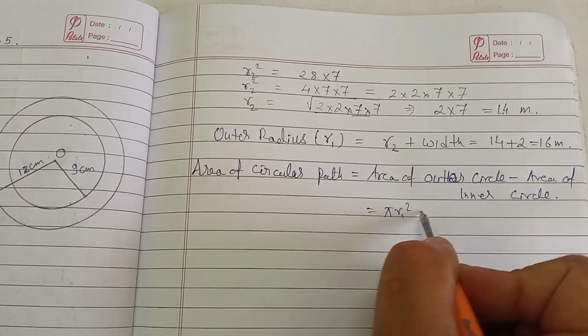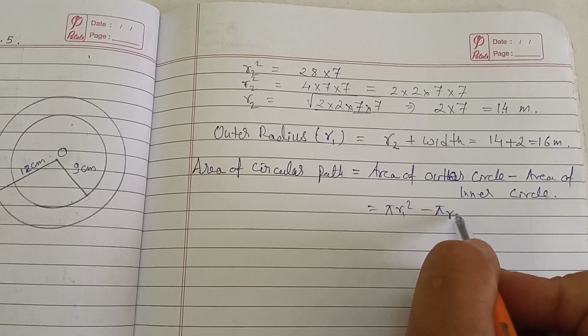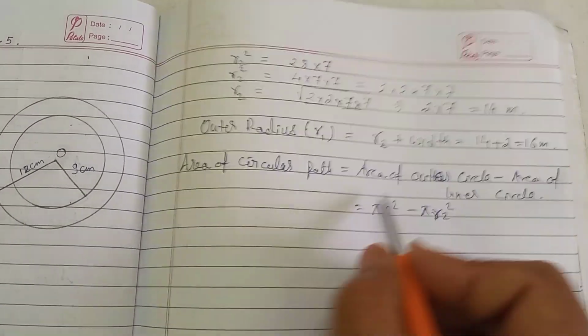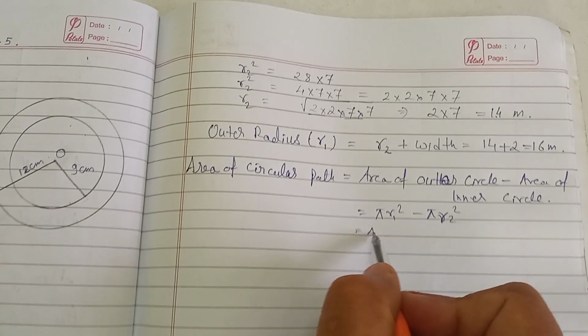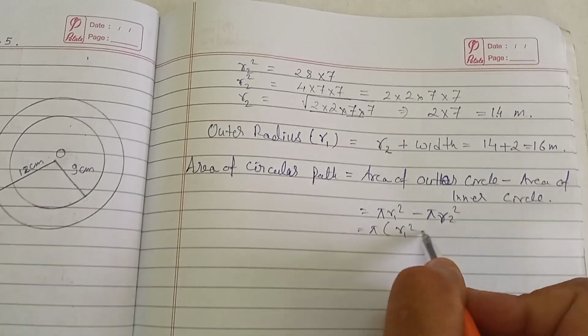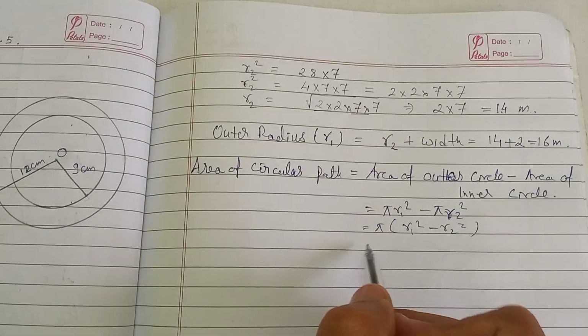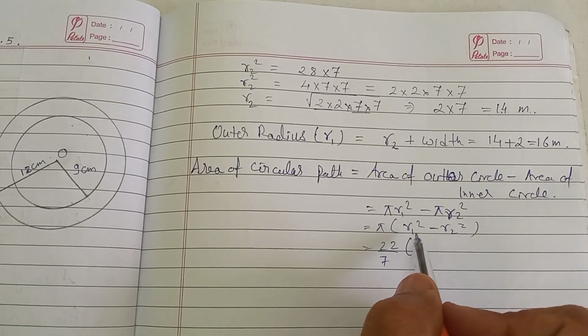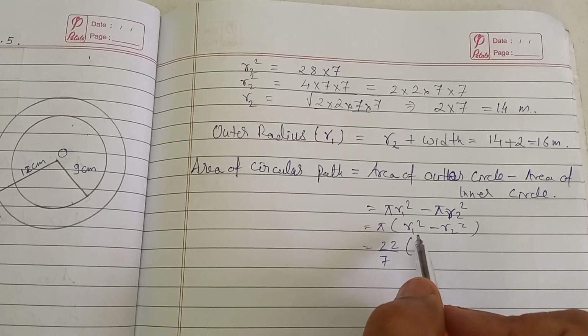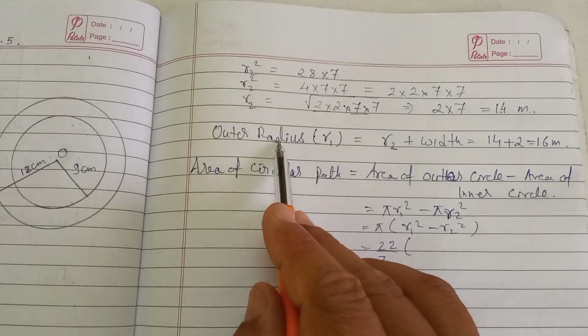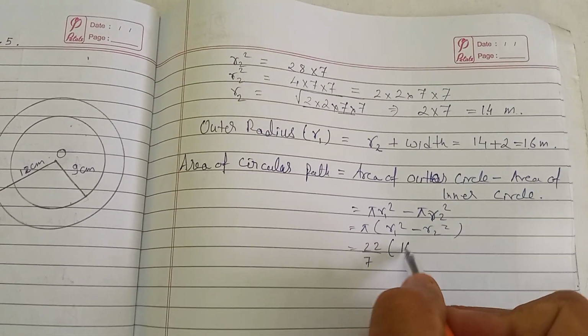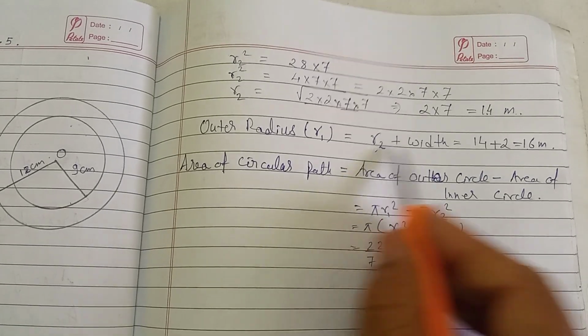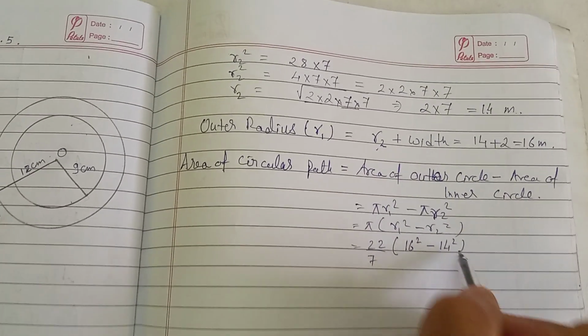Pi r1 square minus pi r2 square. Here pi is common, so r1 square minus r2 square. The value of pi is 22 upon 7. What are the values of r1 and r2 we got? R1 is 16, 16 square, minus R2 is 14, 14 square.